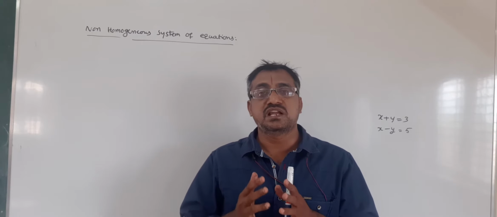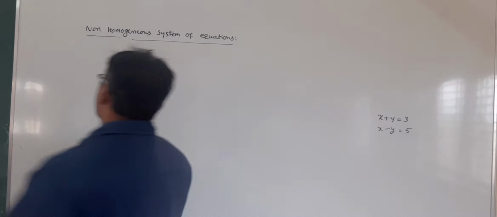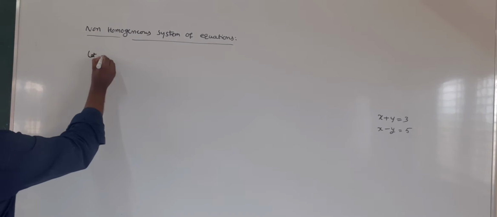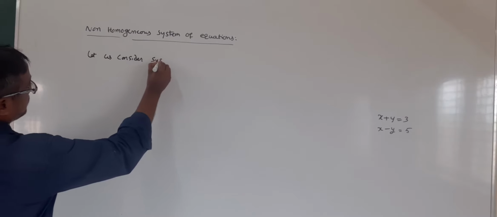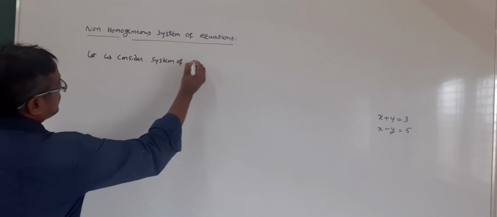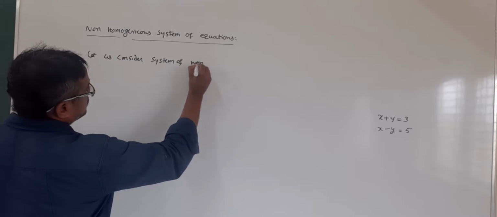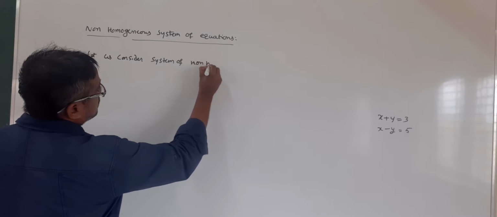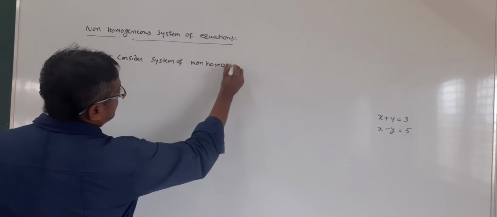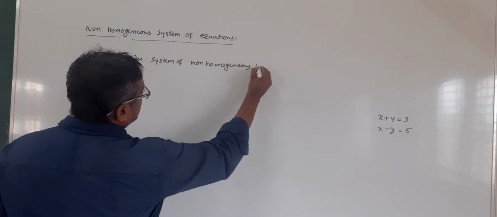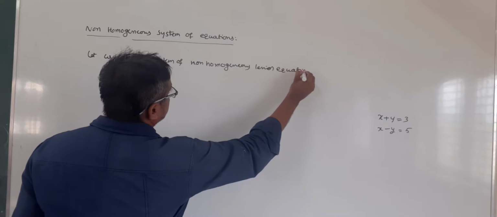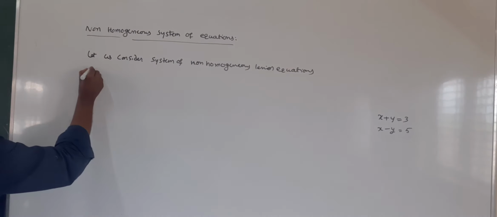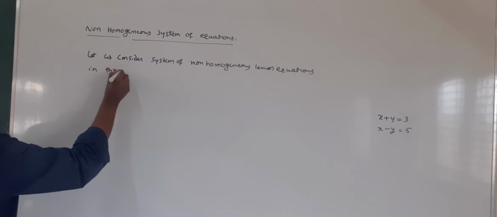Now here we are going to see the non-homogeneous linear equations in 3 variables. So let us consider a system of non-homogeneous linear equations in three variables.